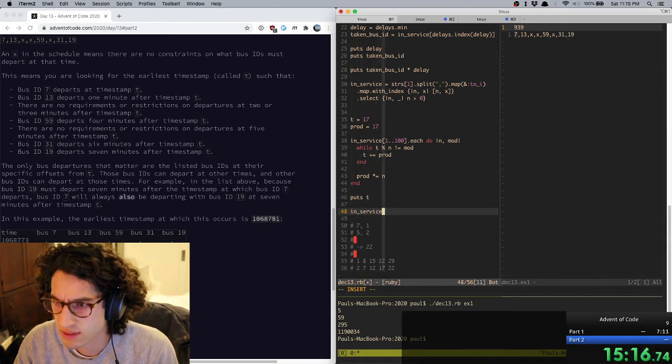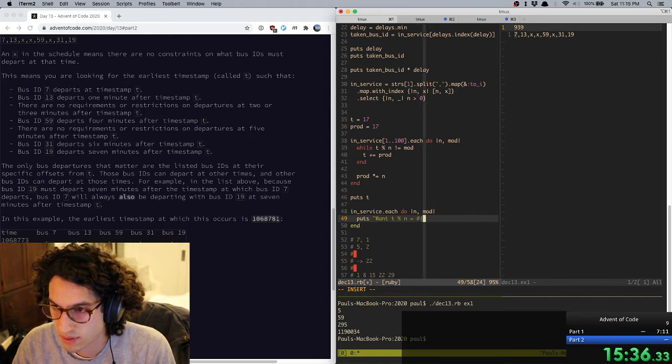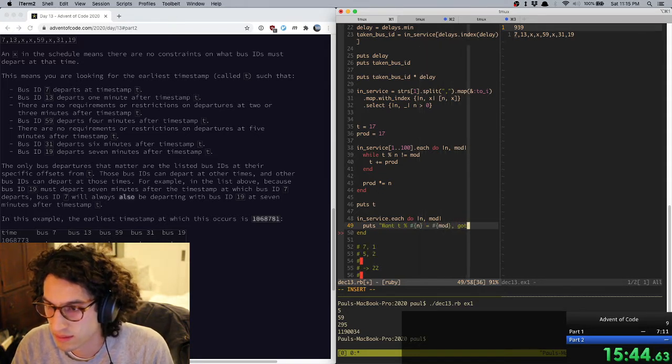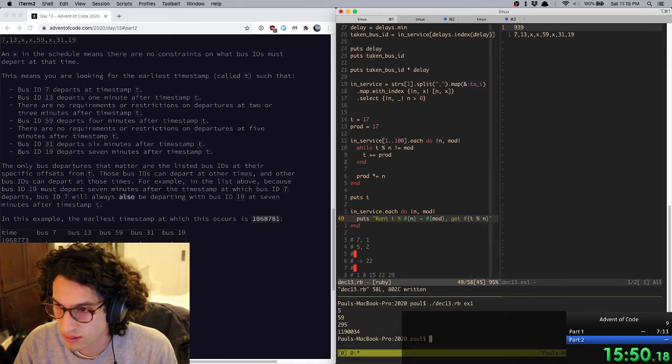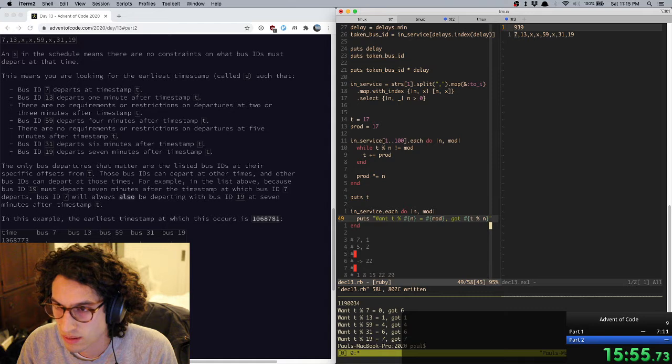In service dot each do n, puts t, t mod n. Want t mod n equals, got. Oh.